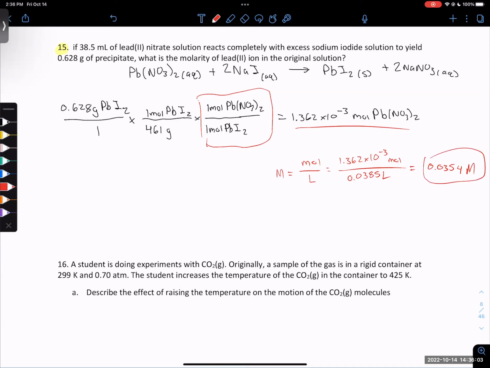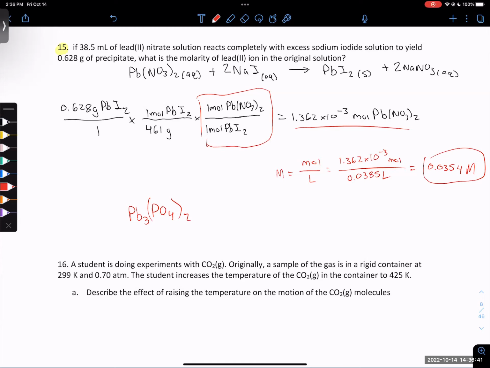If it was not a 1-to-1 ratio between the amount of lead and lead-2 nitrate, like if there were more than one mole of lead in a different compound... Oh, I see. So you're saying if it was like this compound instead, Pb3(PO4)2, then you would have to multiply it by 3.